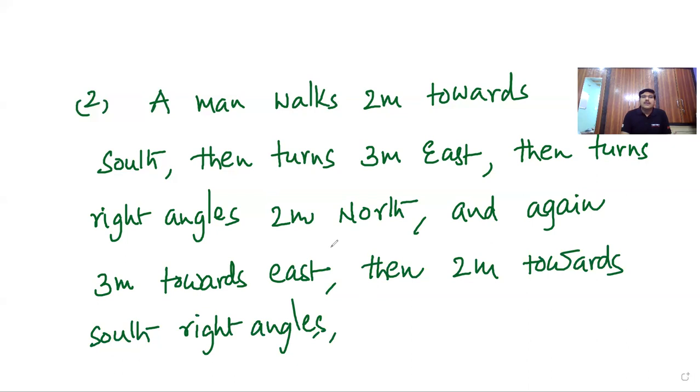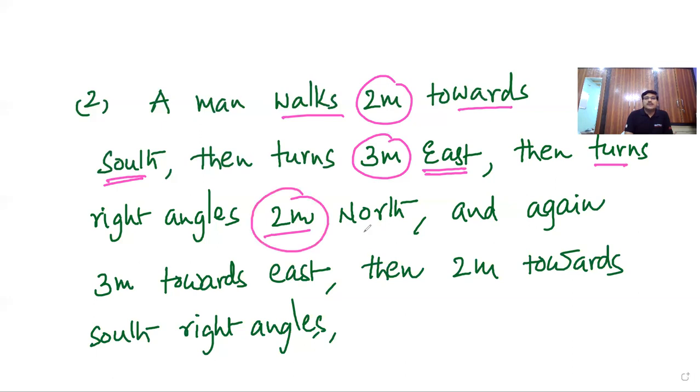Clear? Observe carefully the problem. A man is walking 2 meters towards south first. Then 3 meters towards east. Then turning right angles, 2 meters north side.